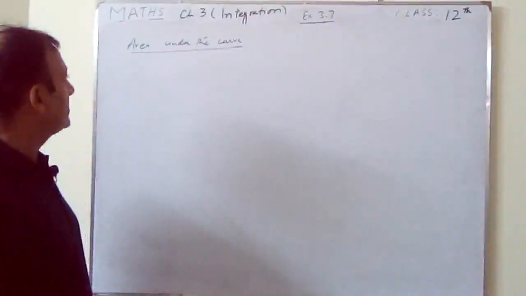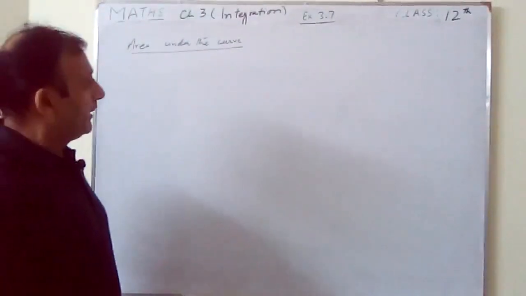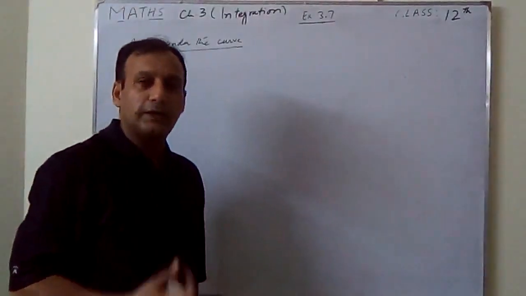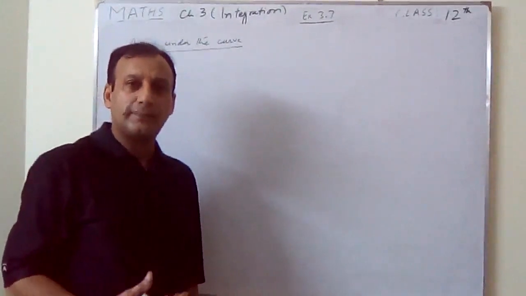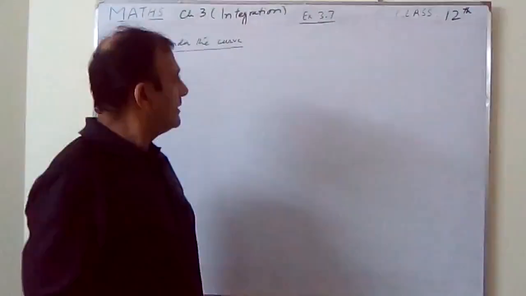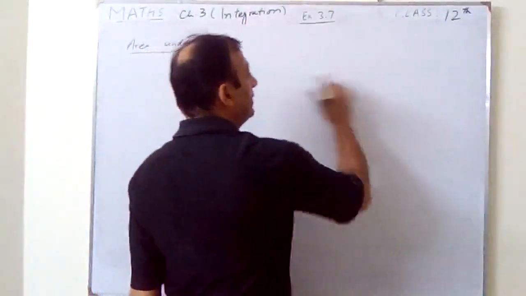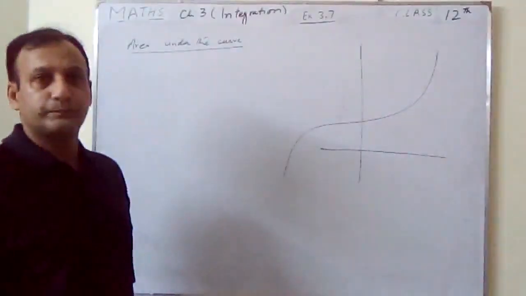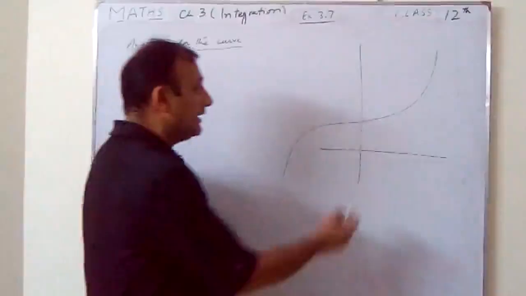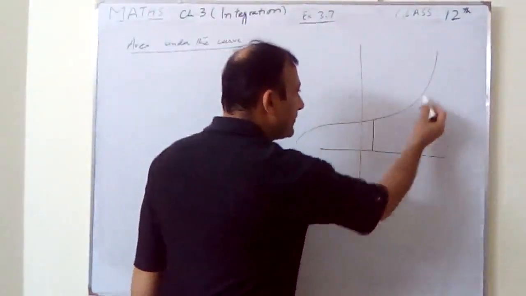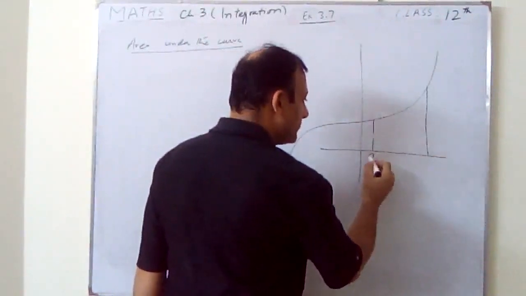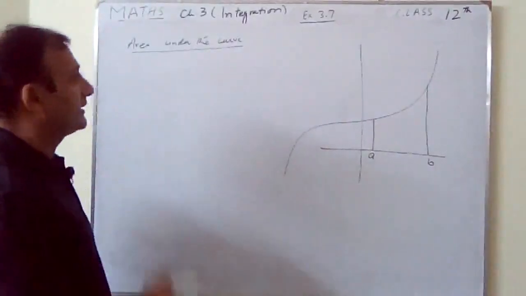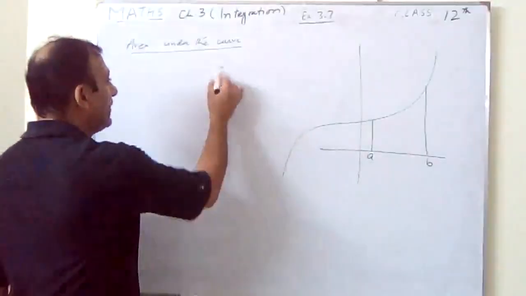Area under the curve means that it is very easy to find the area of regular shapes, triangle, trapezium, rectangle, etc. But if we have any kind of curve, it is difficult to find the area between specific points. So to find this area, we have definite integration, which you have studied.